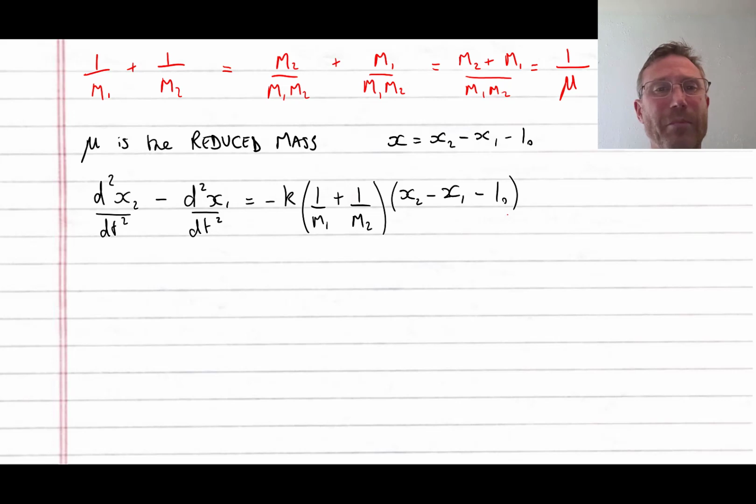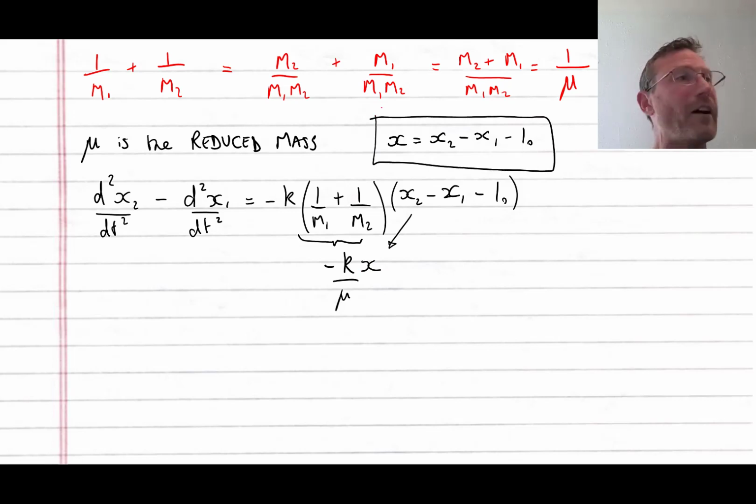So let's replace everything over here. For example, this ends up being equal to 1 over mu. In fact, let's write the k up here, so minus k over mu. And then we've got this x term in here, right? So this becomes our x based on our definition.